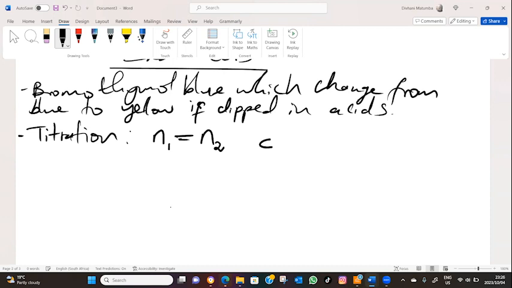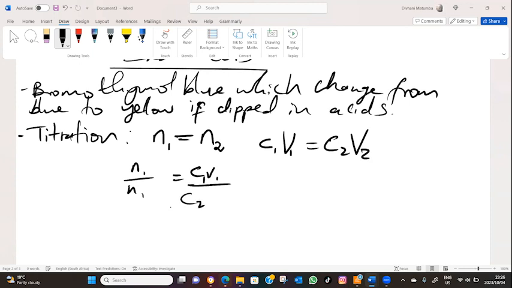So we are expecting to use these formulas a lot when we are doing titration calculations. And what we know is those proportions hold.